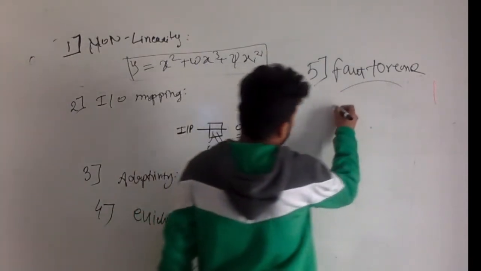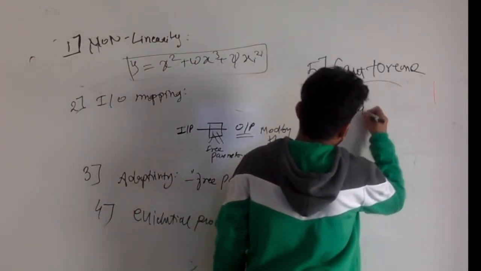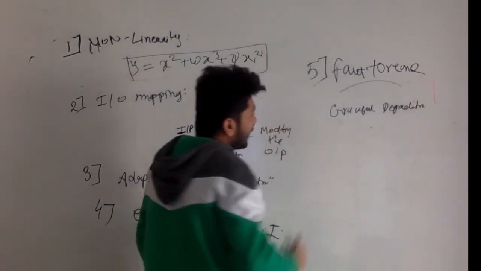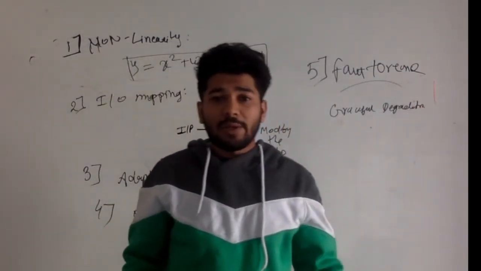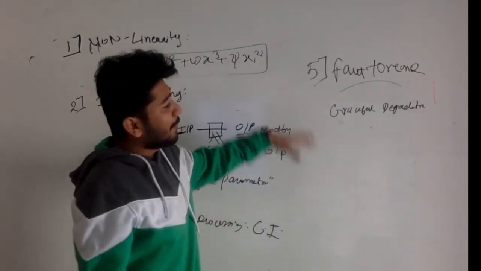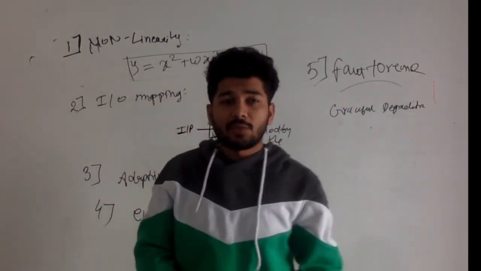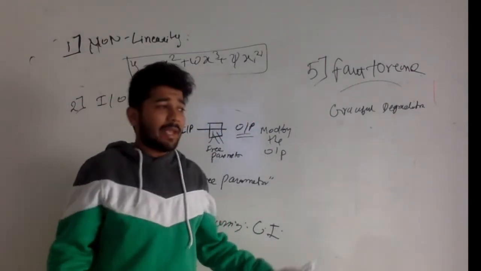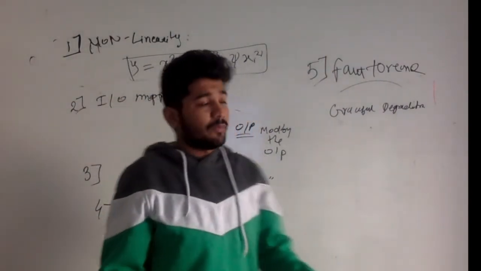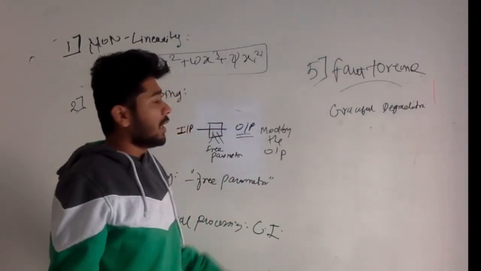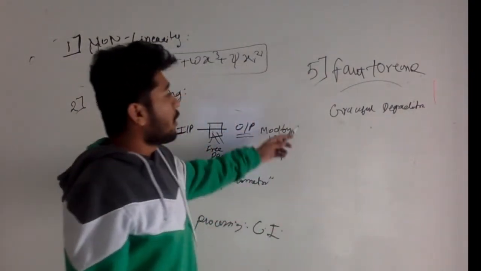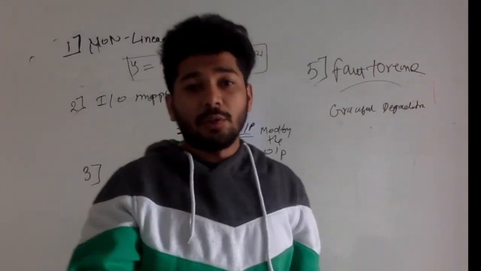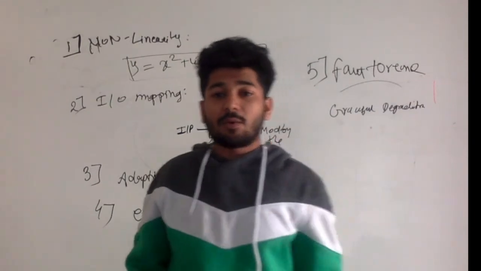Graceful degradation means that the degradation in the quality of output would be directly dependent on the amount of fault. It's not like if one CPU stops working, the whole system will stop. It can be, because that's how we design it. So we can take care of this feature in designing a neural network. So fault tolerance is graceful degradation. You will not lose everything. It would not be catastrophic damage.